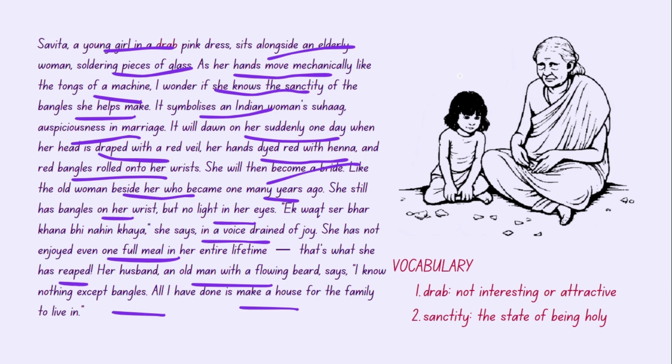It's very unattractive, and she sits alongside an elderly woman, probably her grandmother, and you can see that the way she's soldering pieces of glass, the way she's melting pieces of glass and making bangles out of them, her hands move as if they know what they're doing without even her looking at it. So this shows that she's been doing this work for so long that she does not even have to pay attention to it anymore. She is working like a machine.